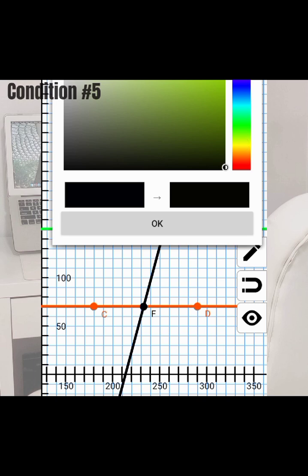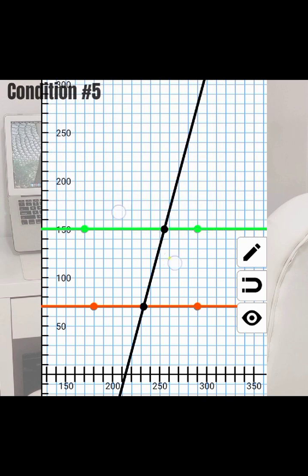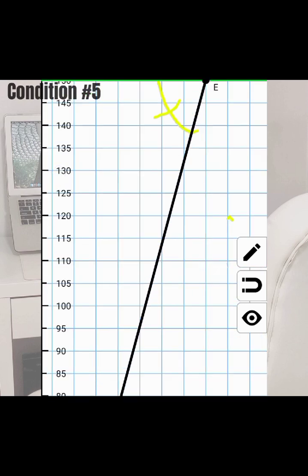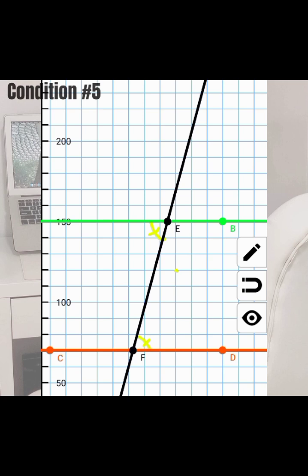So let's pick a color yellow. Okay. That is congruent.